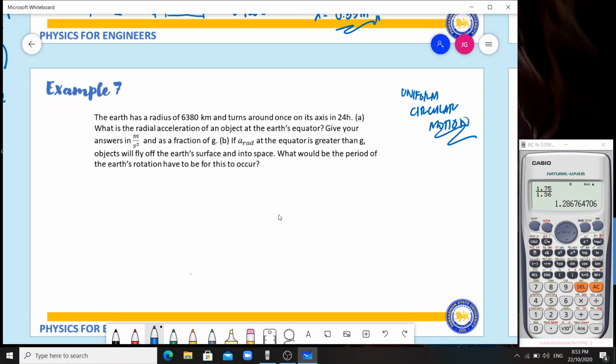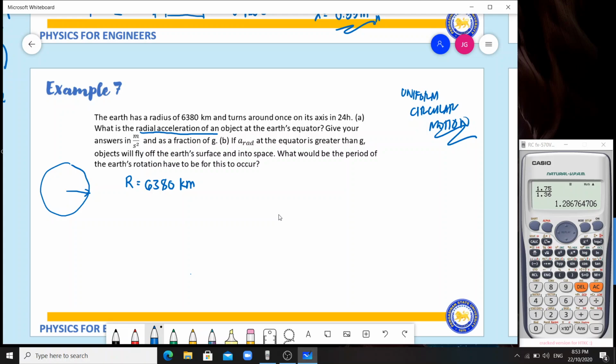Okay. So, meron tayong given na radius na 6,380 kilometer. Sabi niya, what is the radial acceleration of an object? So, kung ito yung Earth at ito yung radius mo, ano daw yung acceleration ng object?